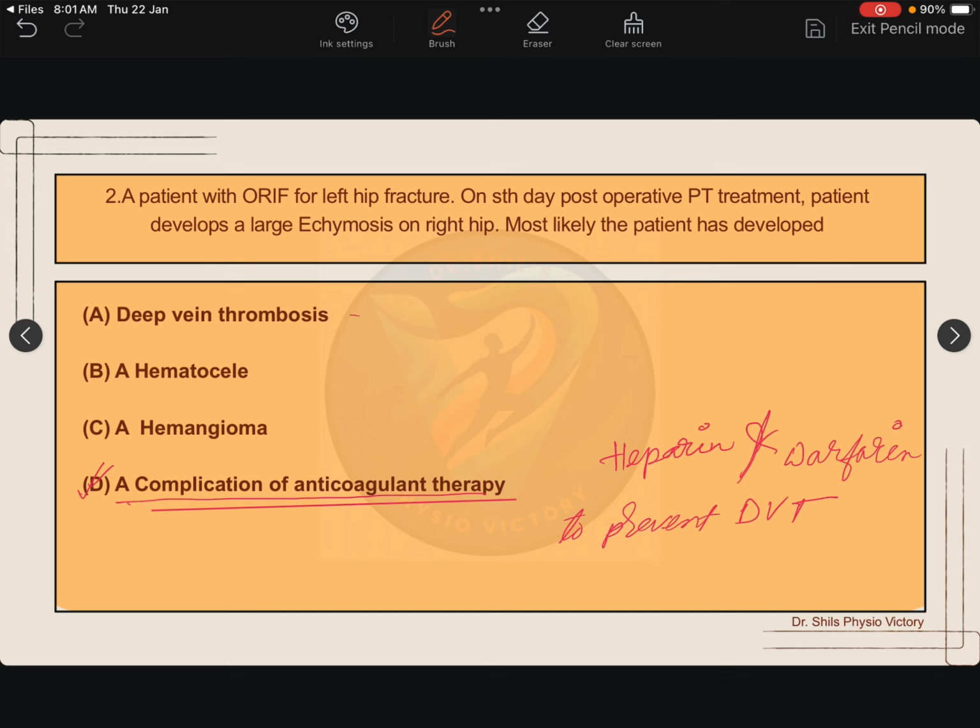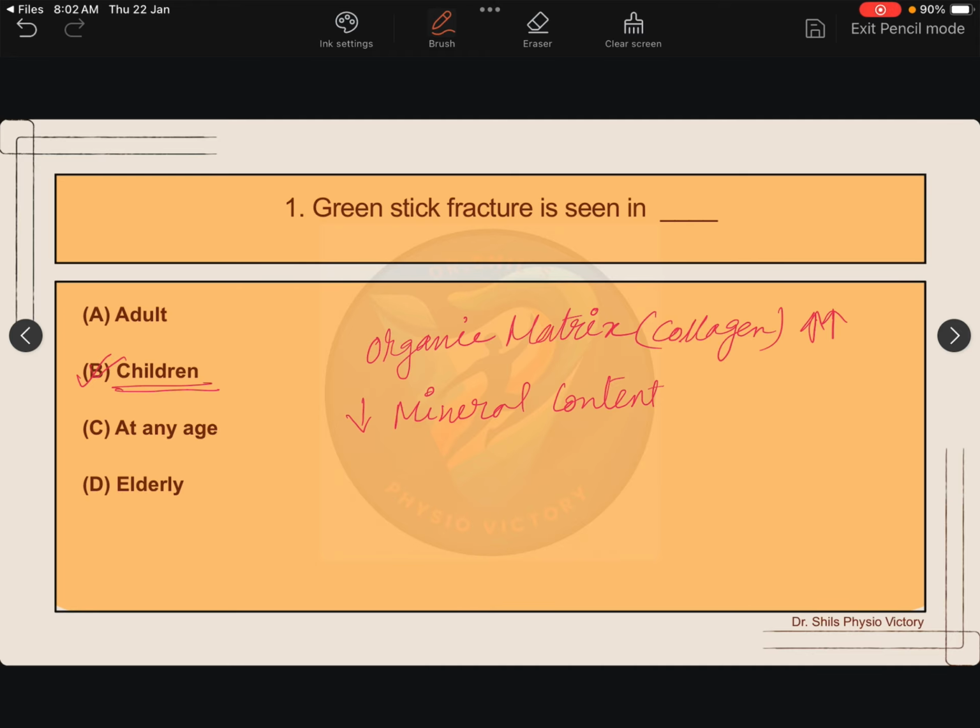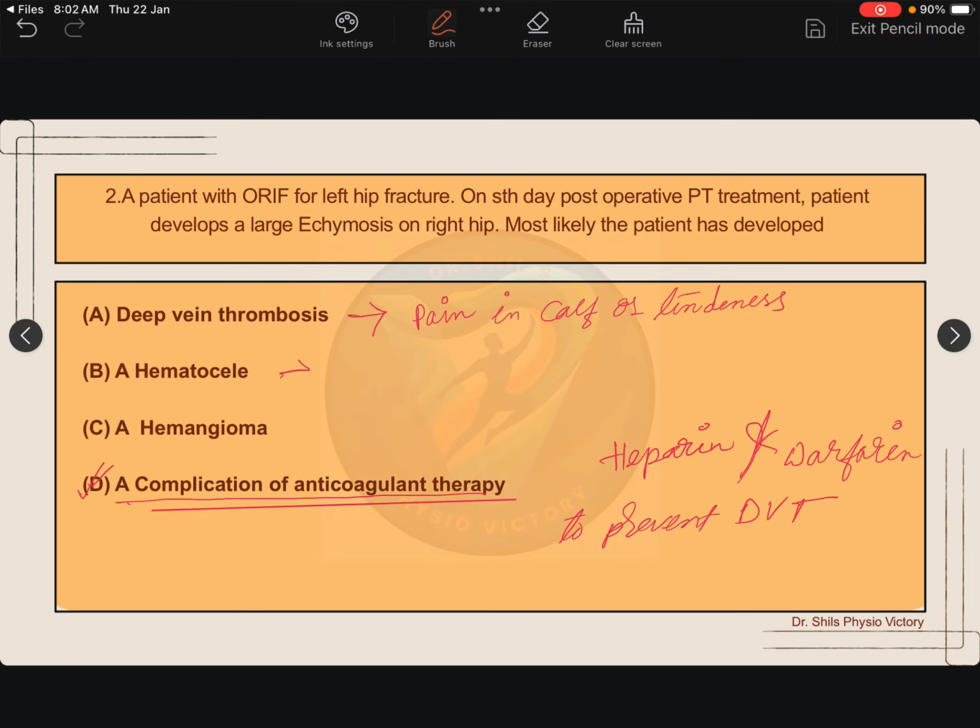DVT is basically pain in the calf or tenderness. Hematocele is blood in the scrotum.